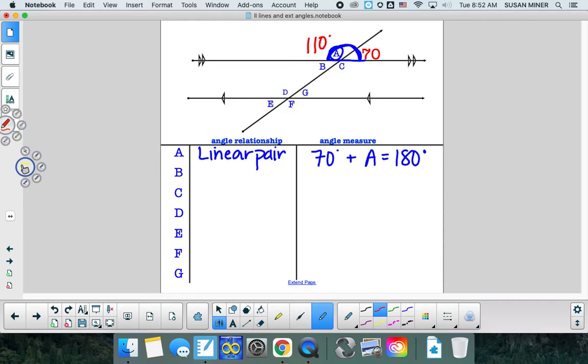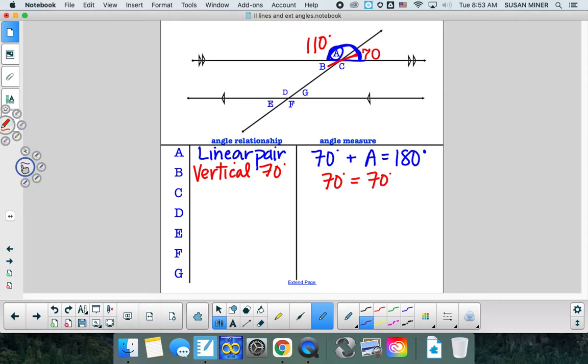Then I go to the next angle, angle B. If I'm looking at this, I can see angle B is a vertical angle. It's straight across from my 70 degree angle. And I know that vertical angles equal each other.